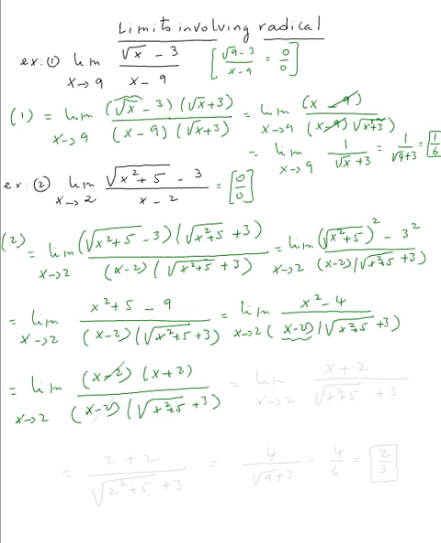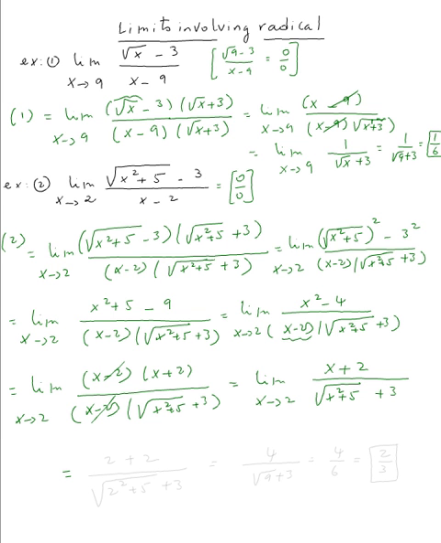Now simplify x minus 2 with x minus 2. This will be the limit of x plus 2 over square root of x squared plus 5 plus 3 as x approaches 2. From here, all we need to do is plug in.